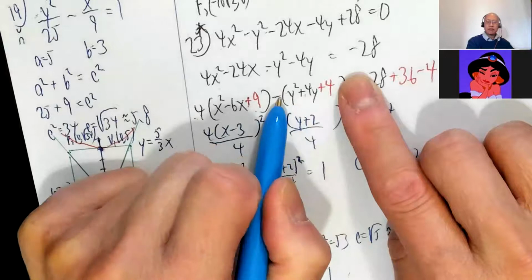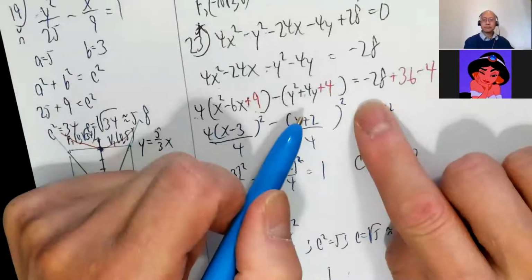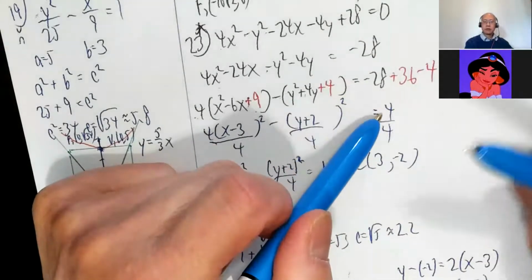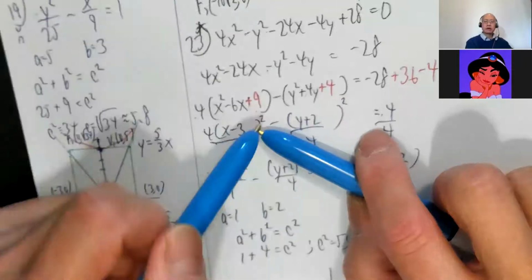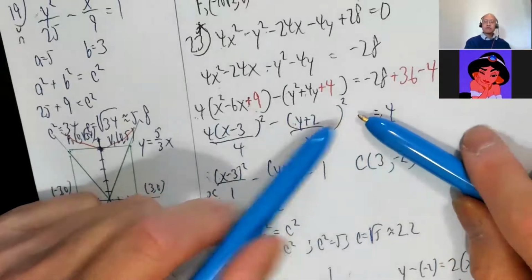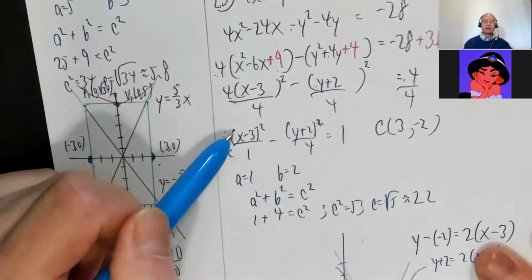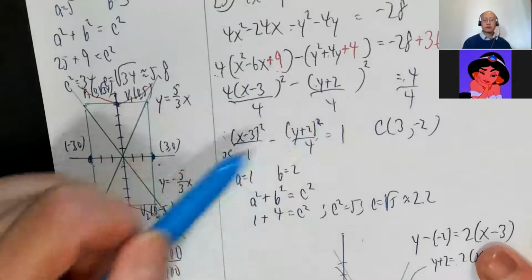Plus 4, but that negative sign really means it's minus 4. So I subtract 4 on both sides. Okay, this comes out to be 4. So factor: 4 times parentheses x minus 3 squared minus parentheses y plus 2 squared equals 4. Divide both sides by 4. X minus 3 squared over 1 minus y plus 2 squared over 4 equals 1.